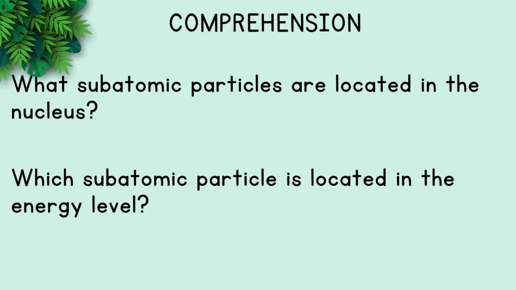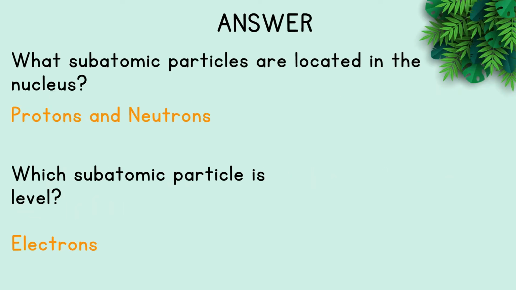Comprehension. What subatomic particles are located in the nucleus, and which subatomic particle is located in the energy level? Protons and neutrons are the subatomic particles that are located in the nucleus, while the electrons are located in the energy level, orbital, or energy shell.